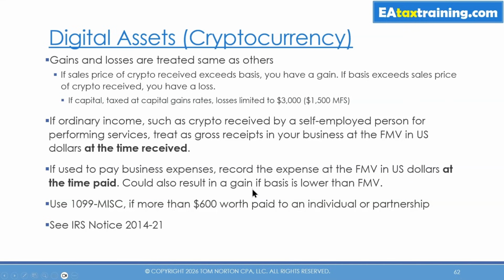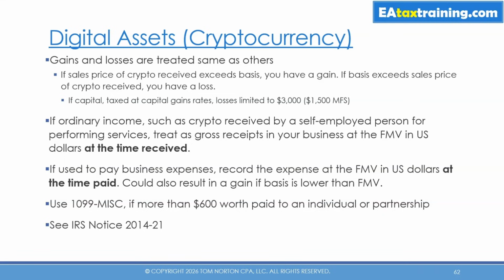That payment could also result in a gain if the basis is lower than the fair market value. So, for example, let's say you received some crypto for performing services and it was $100 worth of services, so they gave you $100 worth of crypto. And now, months later, the value of that crypto has gone up.